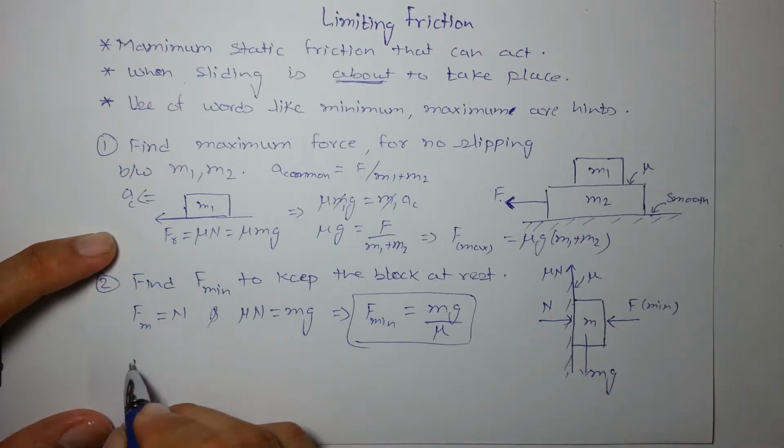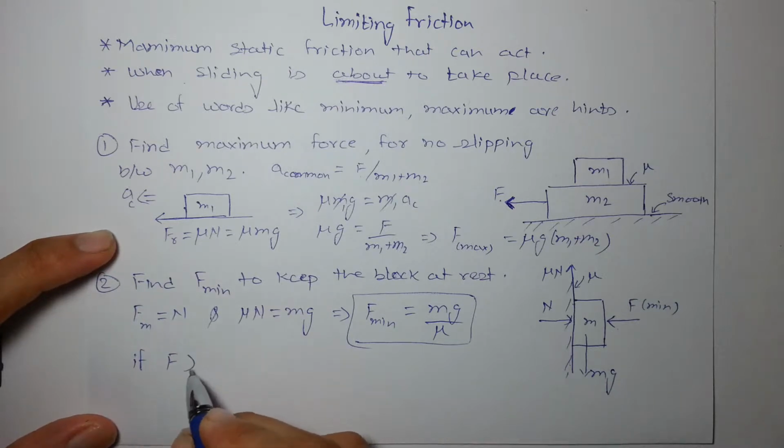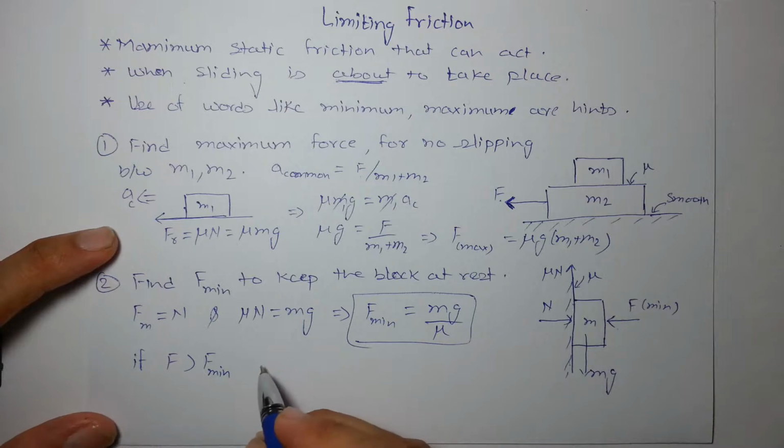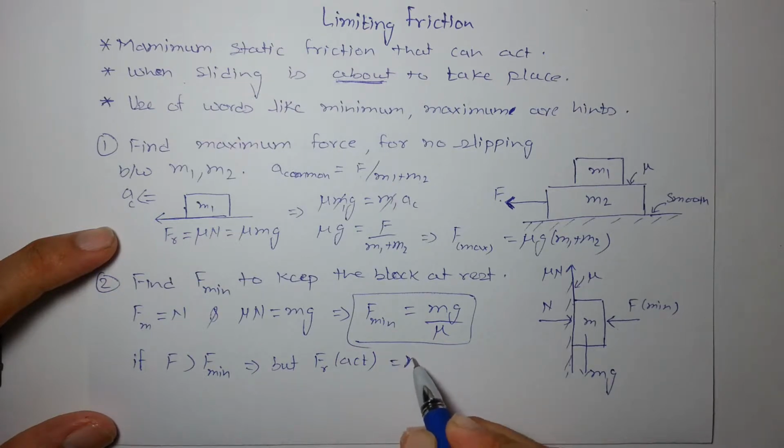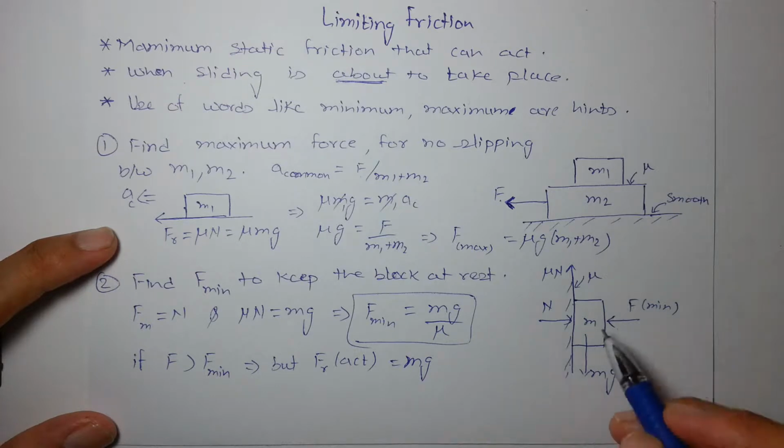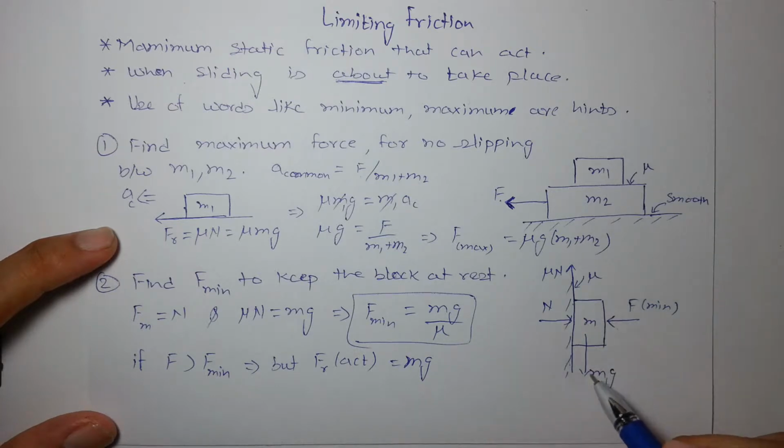So what if F is greater than F min? Obviously the block will not slide, but the friction force acting will be mg alone, because it has to balance the weight.